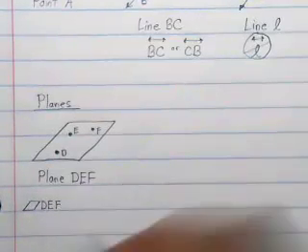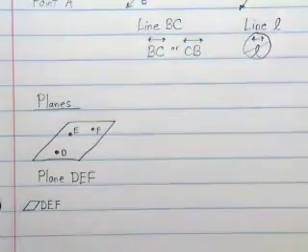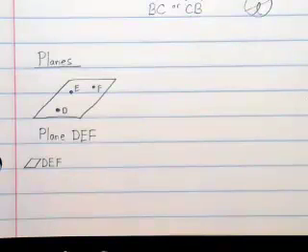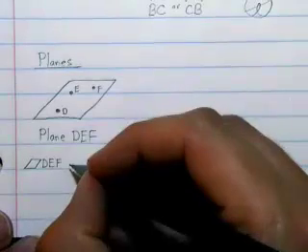If you don't want to write out the word plane, you can just do a tiny little picture of a parallelogram and then the 3 letters, and that's good too. It doesn't matter the order. DEF, EFD, whatever. It's all the same plane. It's got 3 points in it. As long as you've included all 3 of those, you're good.